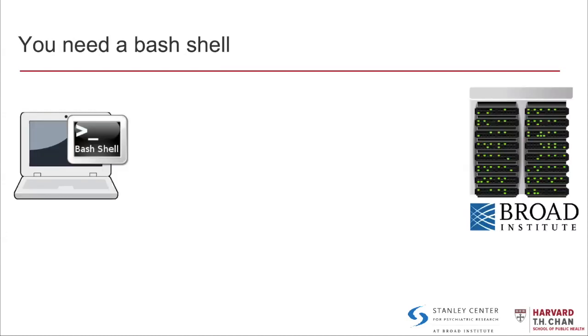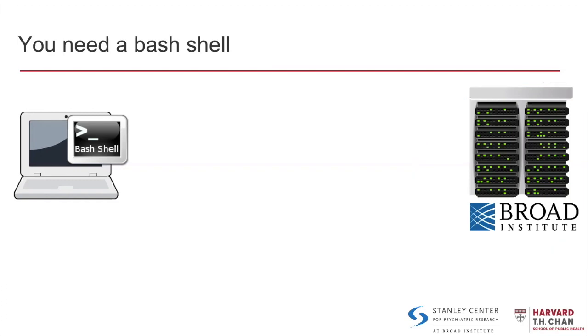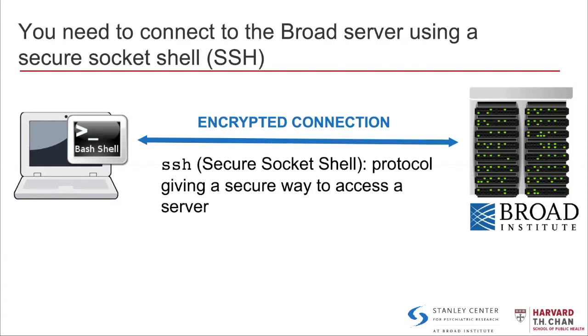Okay, so let's say you have on one side your personal laptop, and on the other side, the Broad server that you want to access. To do that, as I said previously, you will need a bash shell to type the commands requested to connect to the Broad server.